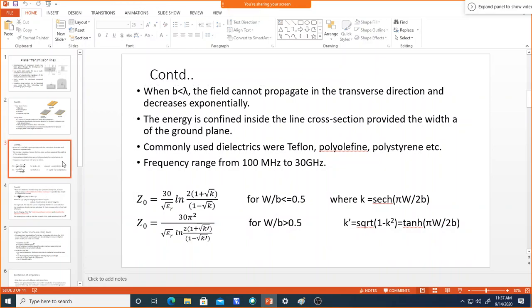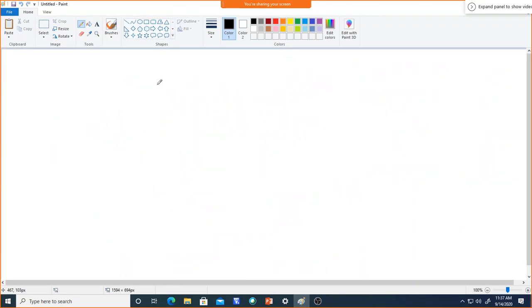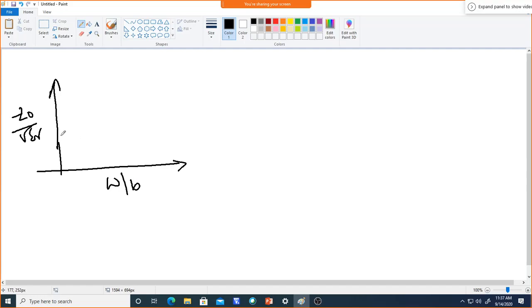Generally the curves will be like this: if you take the variation of Z by root epsilon against the W by B ratio, the impedance varies from 80, 100, up to something like 300, and the W by B ratio is 0.2, 0.3, up to some 3 and 4.